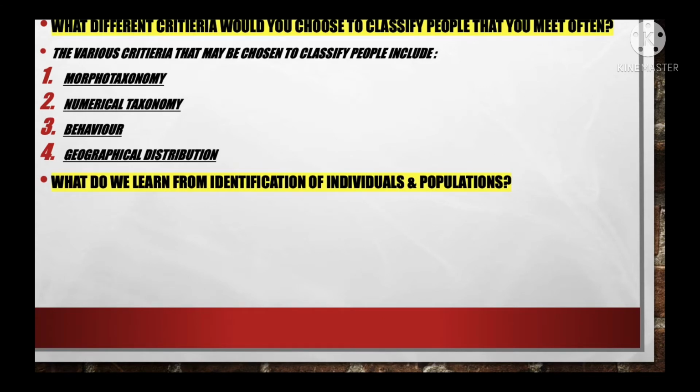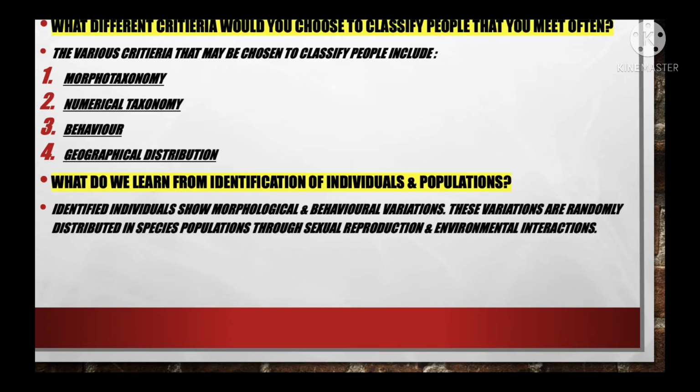Now, what do we learn from identification of individuals and populations? Identified individuals show morphological and behavioral variations. These variations are randomly distributed in species populations through sexual reproduction and environmental interactions.